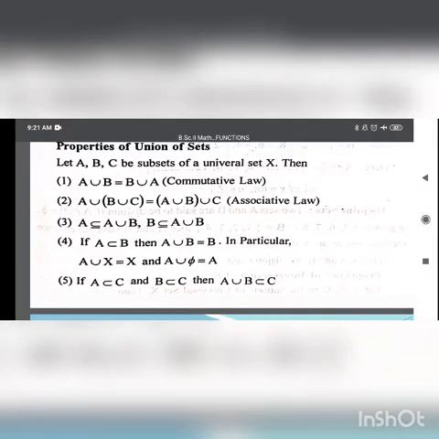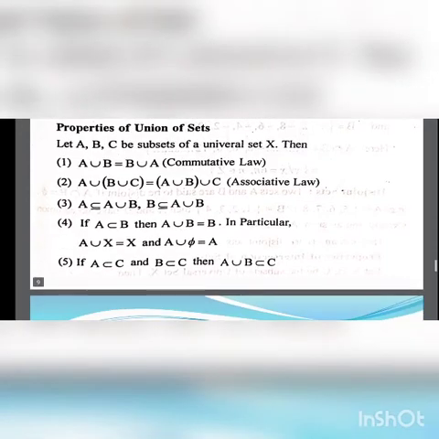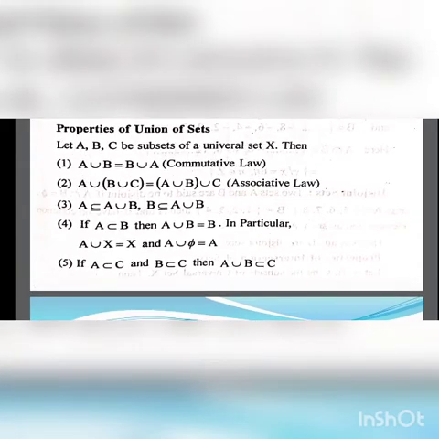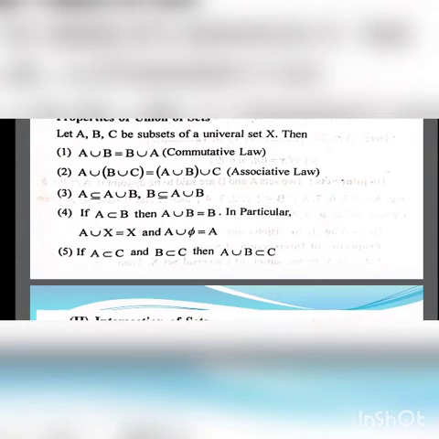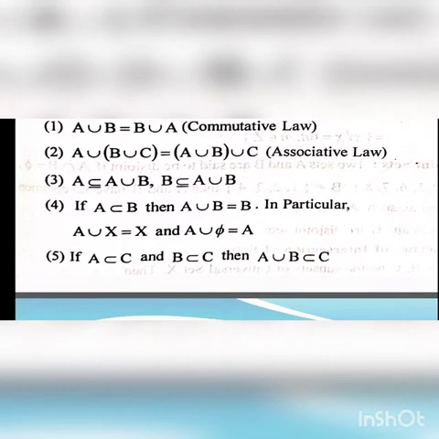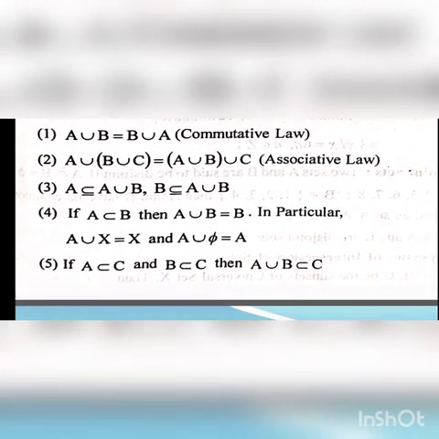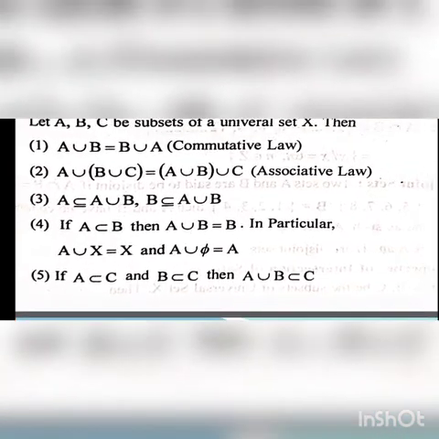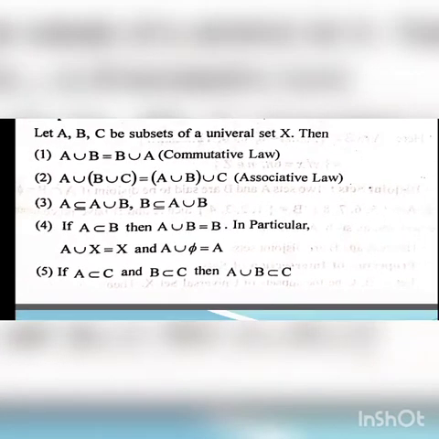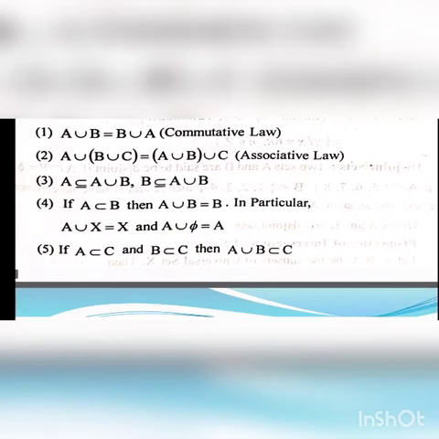Next is the associative law: A union B union C equals A union B union with C. Third property is A is a subset of A union B and B is a subset of A union B. Fourth, if A is contained in B, then A union B will be equal to B. In particular, A union X is equal to X and A union Phi is equal to A. Fifth, if A is contained in C and B is contained in C, then A union B is also contained in C.